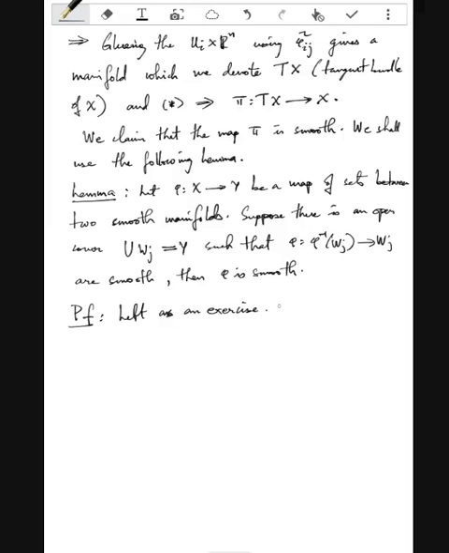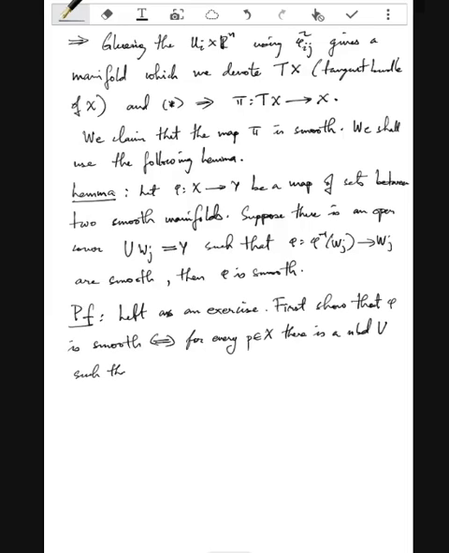And the hint is, first show that phi is smooth if and only if for every p in X there is a neighborhood V such that phi restricted to V is smooth.